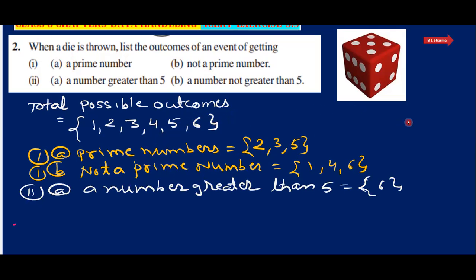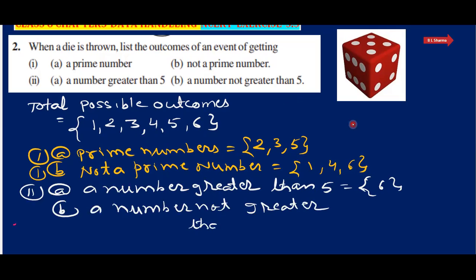And B part of it, a number not greater than 5. वो नंबर जो 5 से बड़ा नहीं है. So we can write a number not greater than 5.